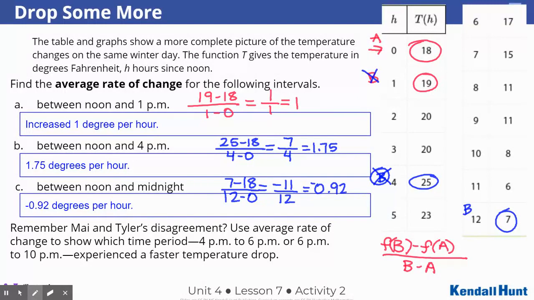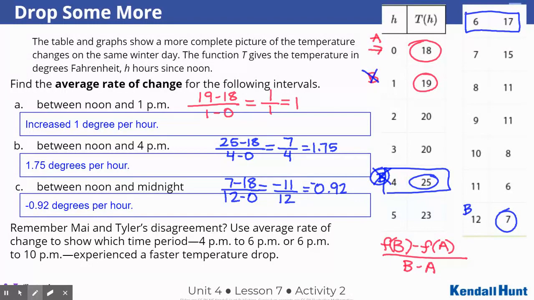And so this is where we can go back and talk about Tyler and May's disagreement that they had. And we could use the average rate of change as our argument. And so earlier we said that there was a change of 8 degrees and 9 degrees in a different number of hours. What we basically did there was find the average rate of change. So from 4:25 to 6, it changed 8 degrees.